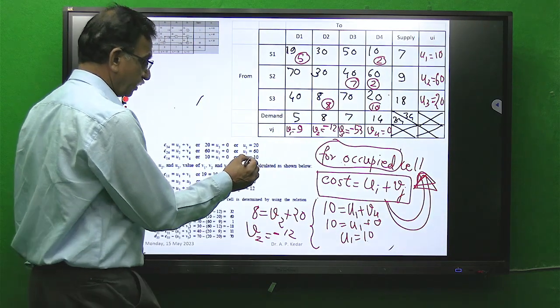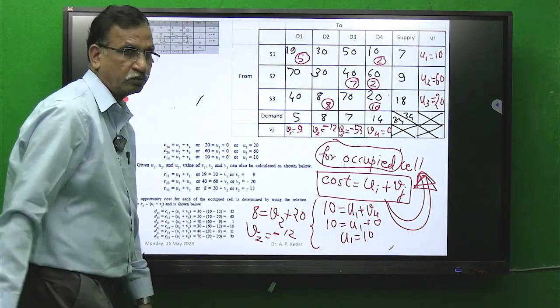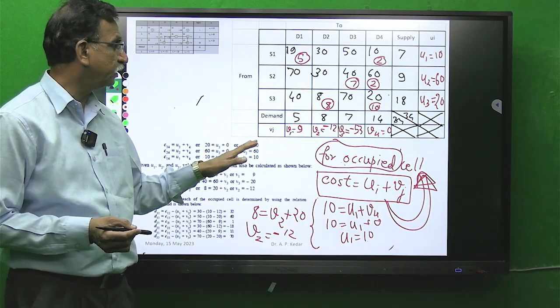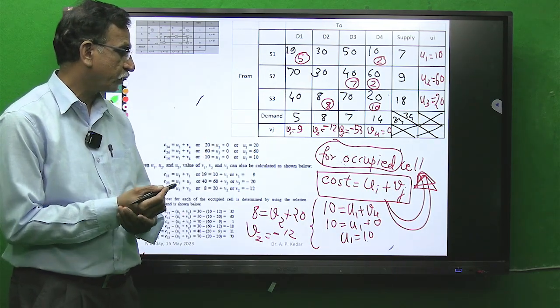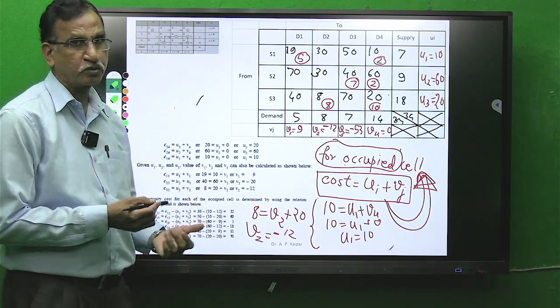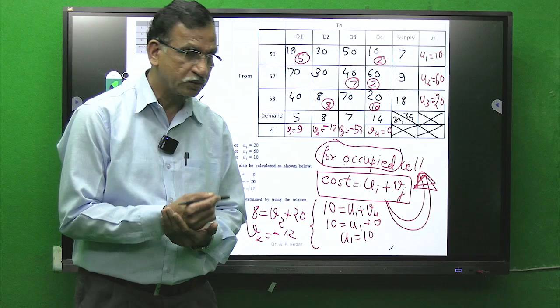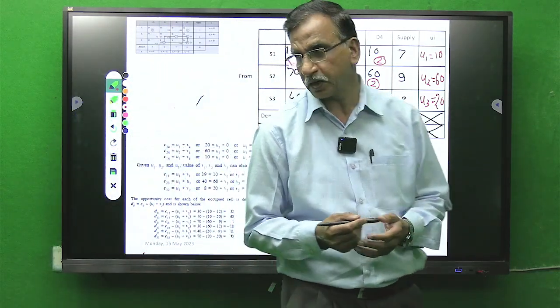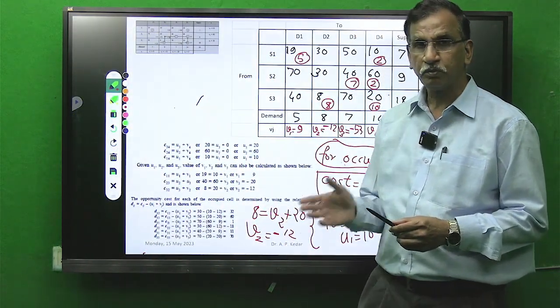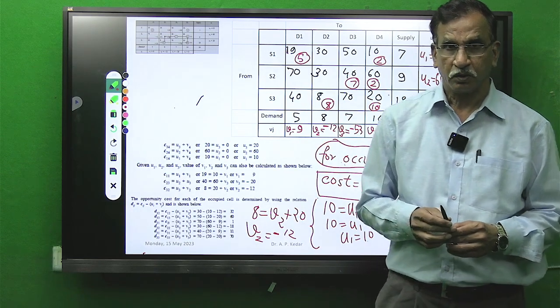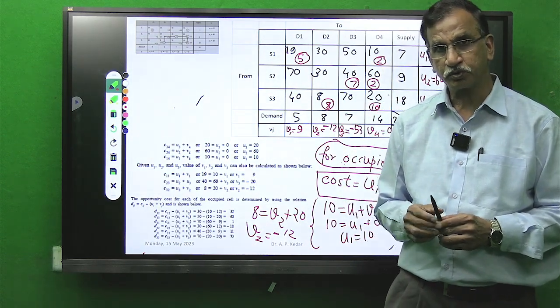So we are now ready with different ui value and vj value, and in next iteration we will find remaining values of opportunity cost. So today we will end this lecture at this point of time, and from next lecture we will move ahead with finding the values for remaining cells, opportunity cost.